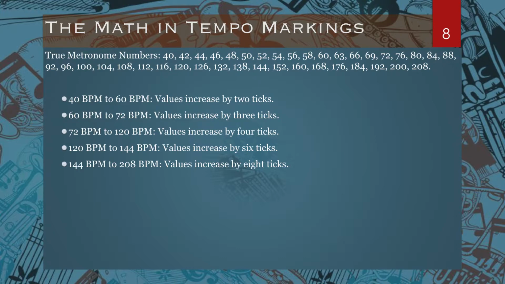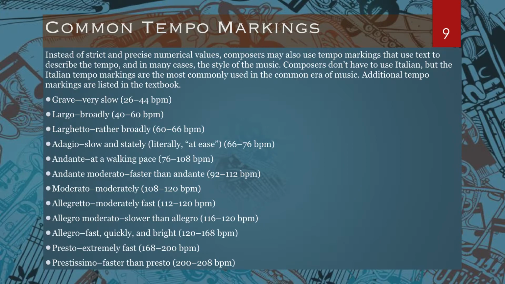So it's important to memorize these. One way to avoid this entirely is you can use common tempo markings, and these are only a few of them. There are many, many different tempo markings you can use. If you do this, then you can avoid the issue of having to remember very specific tempo markings, and you can just use a general tempo marking that gives the conductor the ability to be flexible with your piece.